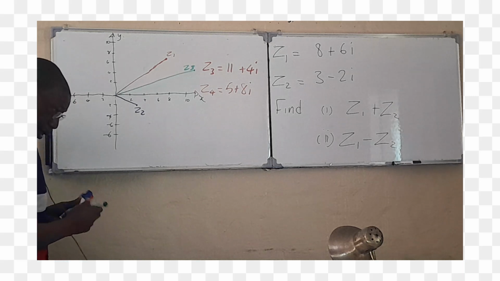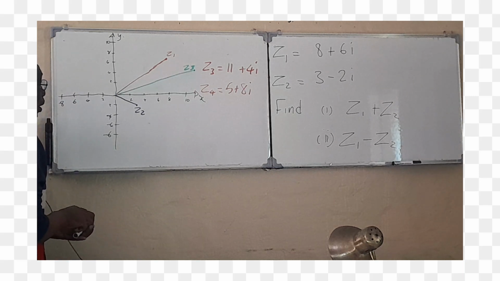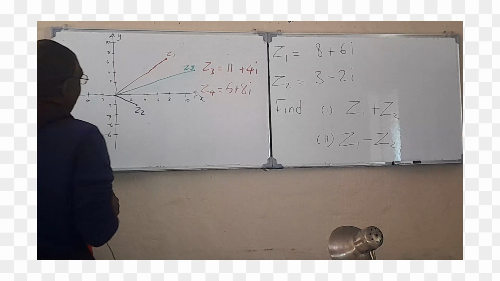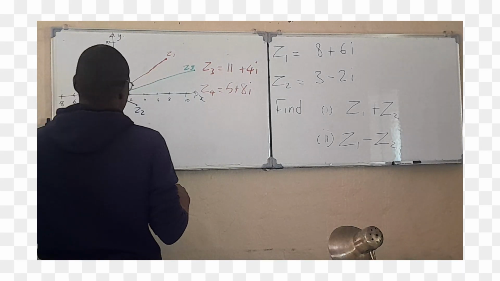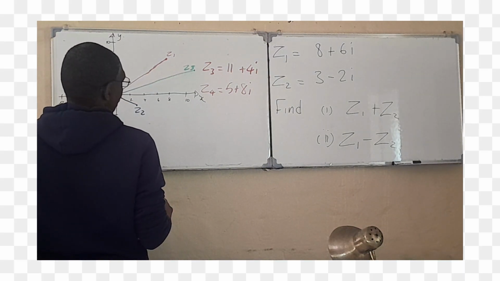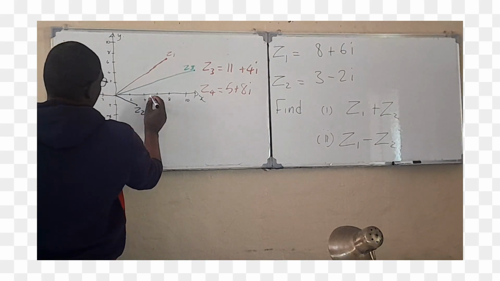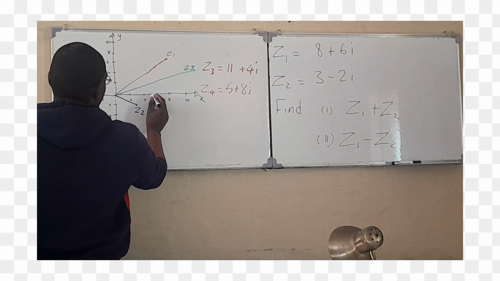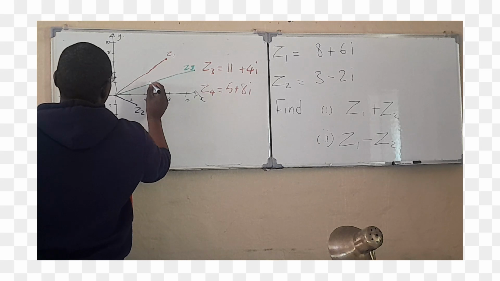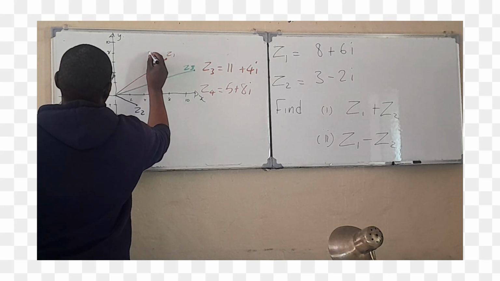Now I'll plot the last one in black, which is our Z1 minus Z2. Z1 minus Z2 is this one, which is 5 horizontal, which is somewhere here, and 8 up. 5 and 8, so that will be there somewhere.